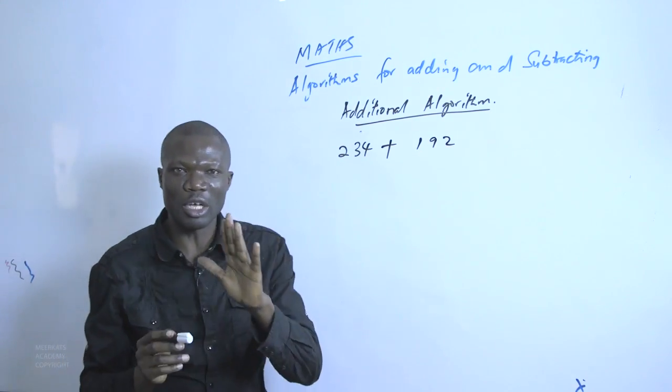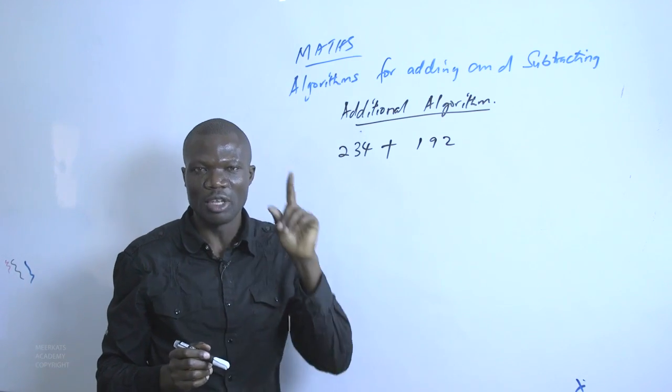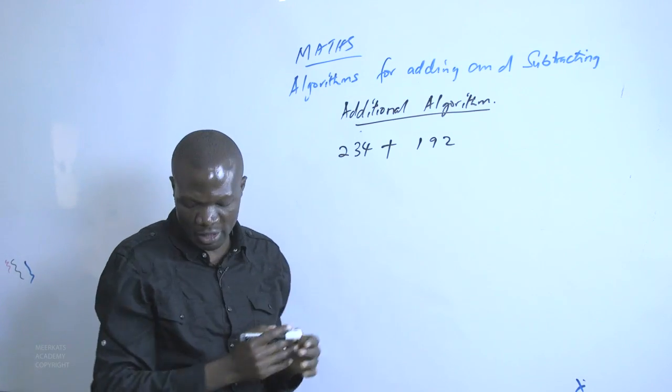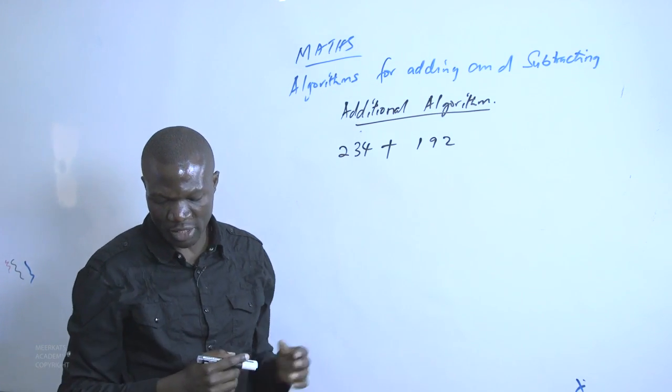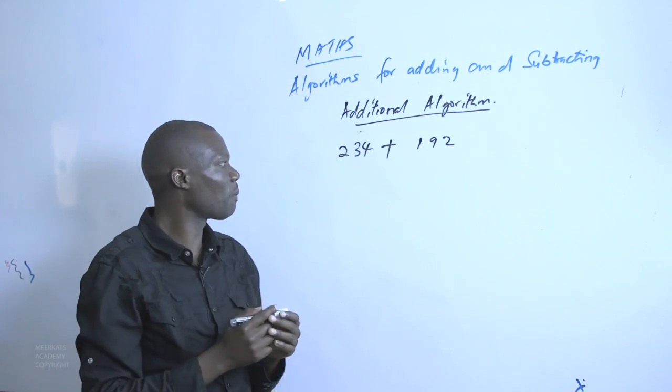That is the problem that we have. The first step we have been told is to arrange these digits vertically so that the digits with similar place values fall in the same column.